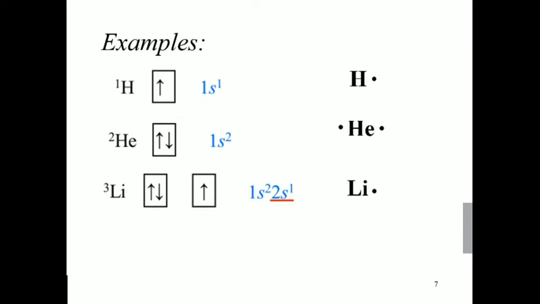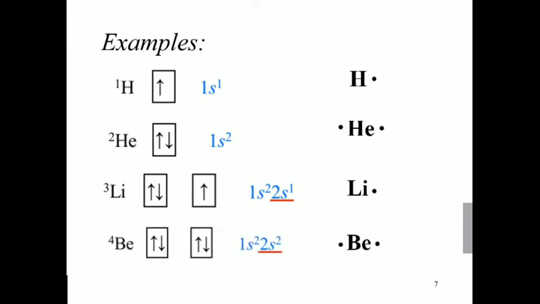For the valence electrons, you consider the outermost shell or energy level, the last occupied energy level. In the case of lithium, it's 2. In that energy level, we have 1 orbital, which is s, and in that orbital, we have 1 electron. That gives us the number of valence electrons for lithium, which is 1. So for the Lewis dot structure, you write the symbol Li and put one dot to represent one valence electron.